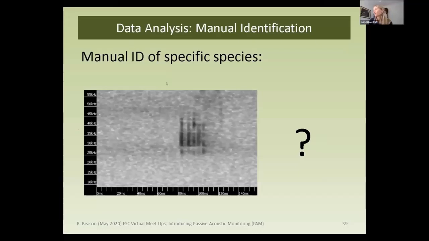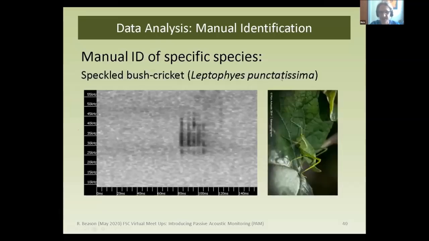People are saying cricket in the chat. Ricardo, any other suggestions? Bush cricket. Well done. Whoever said bush cricket, I guess they've done some bat detecting before. Because one of the things that anybody who does bat surveys around August will probably know is that you get loads of these on your bat detector. They can literally fill up a bat detector with cricket noises.